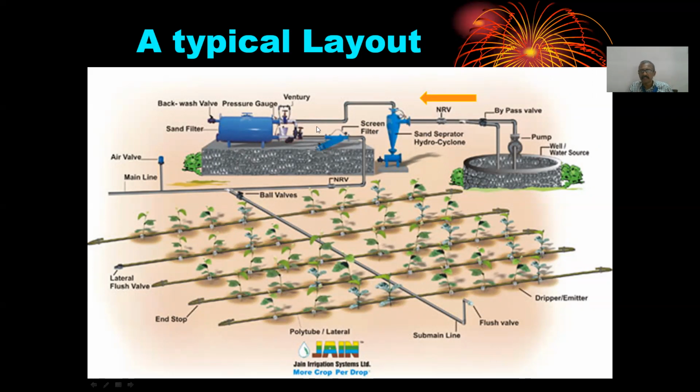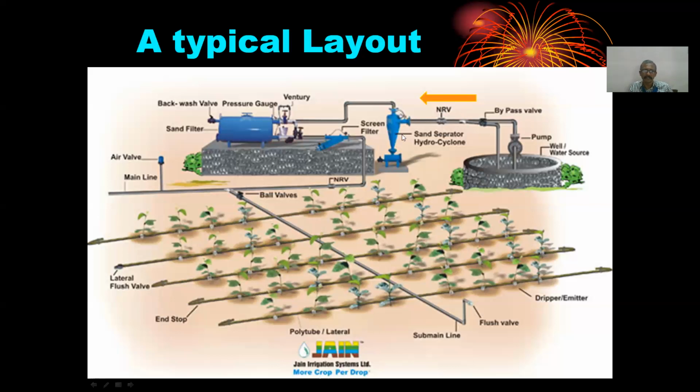So if fertilizer mixed with irrigation water goes back to your pump, your well, there is a possibility of pollution inside the water, and most of the time the same well water will be used for domestic and animal rearing purposes. If pollution occurs, there will be a lot of problems. So nowadays, a non-return valve at this place is essential.